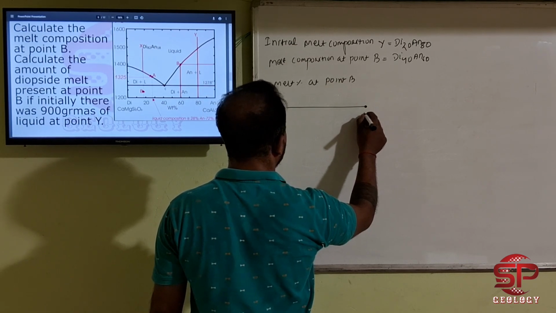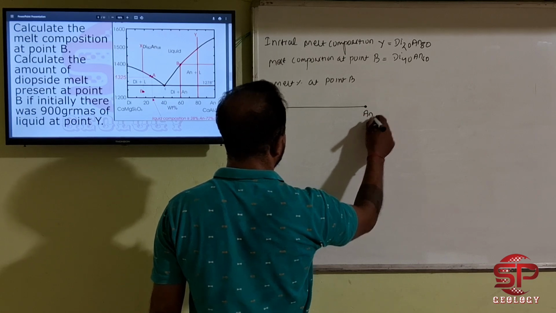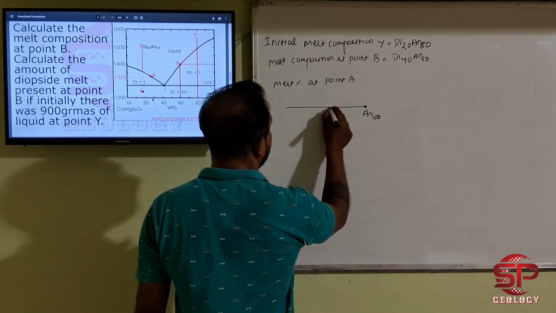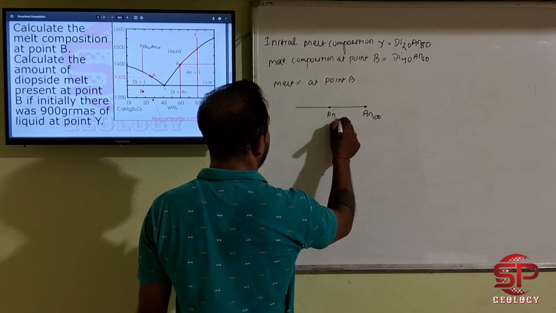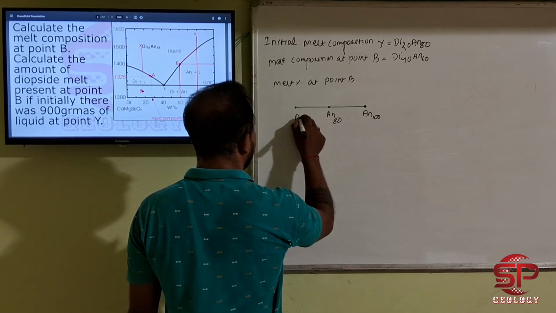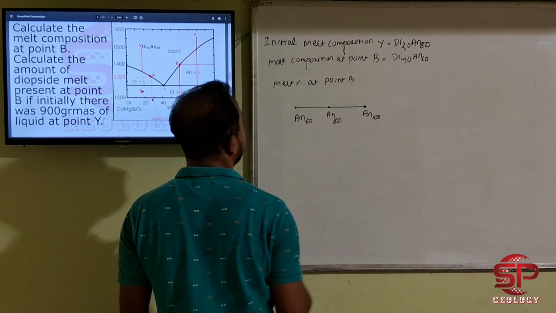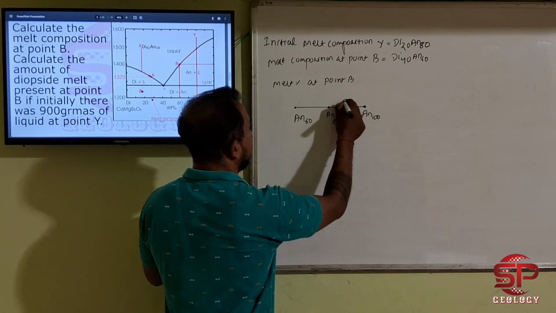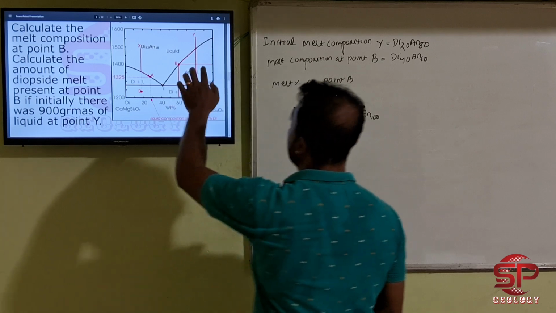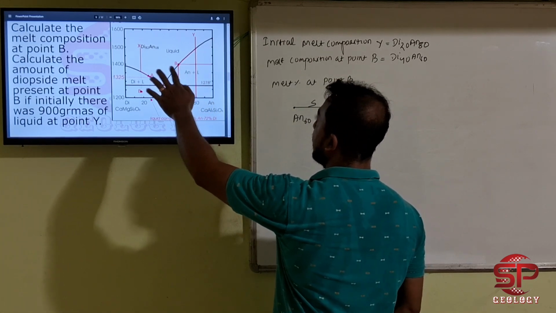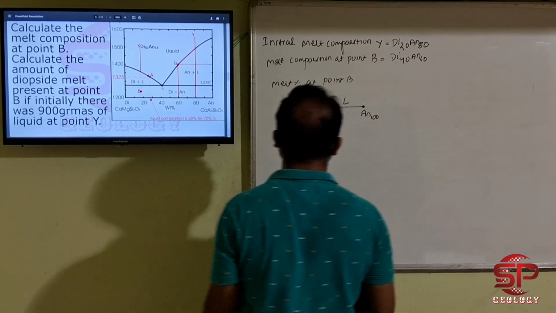So this is anorthite 100, this is anorthite 80, and this is anorthite 60. So this will be the liquid segment and this will be the solid segment, because it is touching the liquidus.